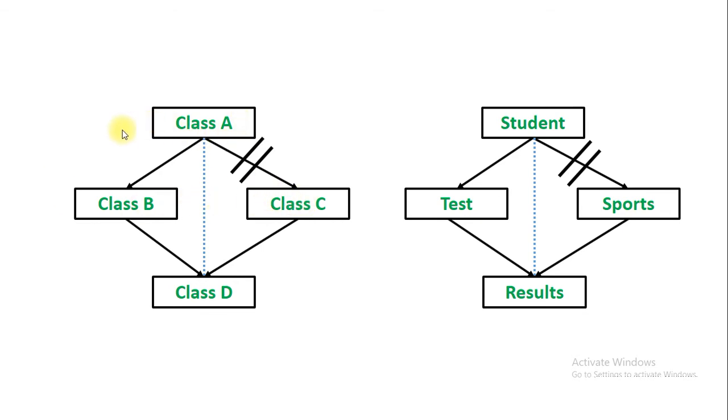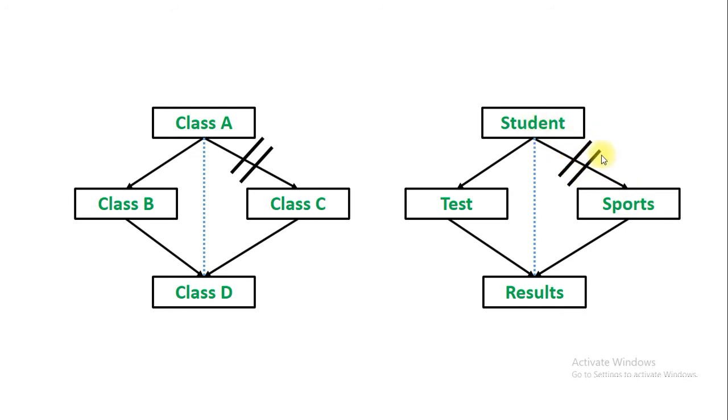So when you apply the concept of hybrid inheritance, at that time hybrid inheritance is right now not possible. Definitely we will see it in the next program, but the first program represents student inherits test, and sports does not have a connection with the student class.